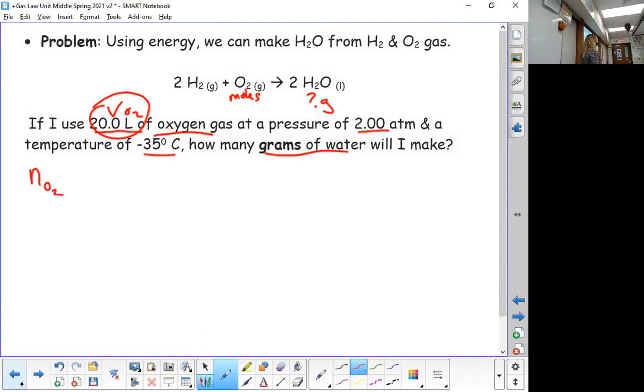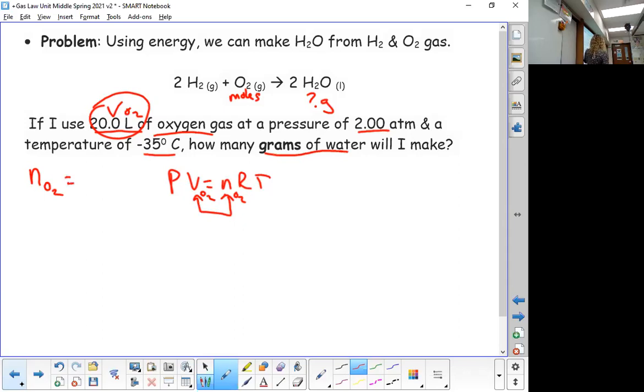And I recommend that you label what you have moles of, because if you're using the ideal gas law, you can only go between moles of oxygen and volume of oxygen. You can't go between volume of one gas to moles of something else. Does that make sense? Like you can't go from moles of one thing to grams of something else. You have to know how many particles of that thing you have.